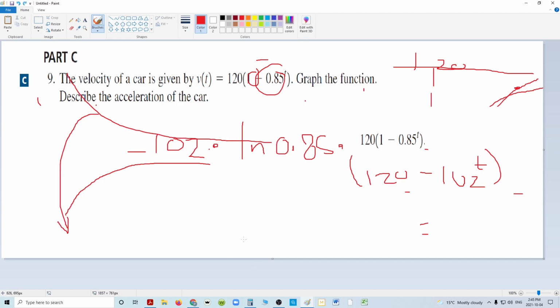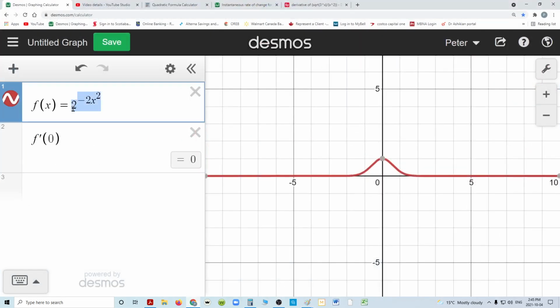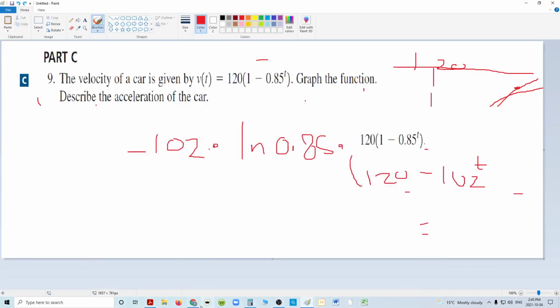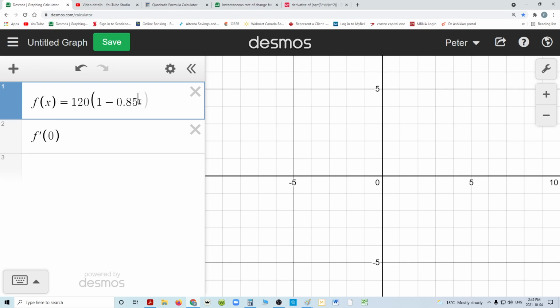Let's have a look at it. And we'll put it to the negative x. We'll skip that.